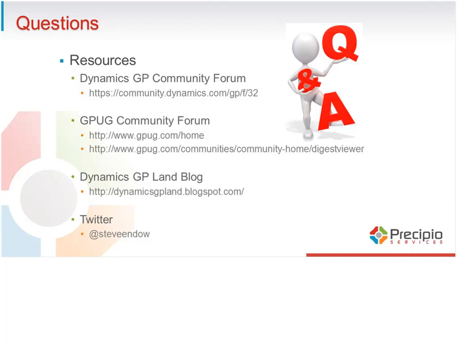And then there's my GP Land blog, the Dynamics GP Land blog. Christina Phillips and I post on that blog. And I also repost the articles and some other information on Twitter. So with that, if there are any questions or anything you'd like to ask, I'm happy to answer.